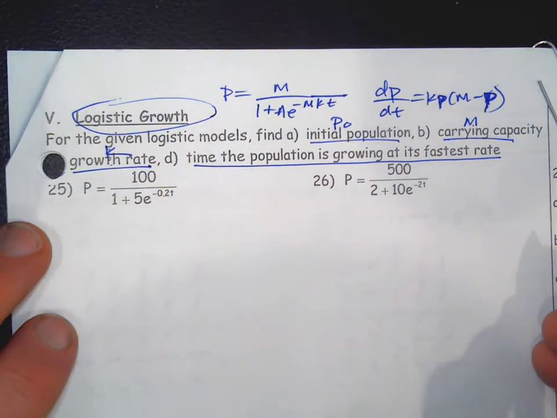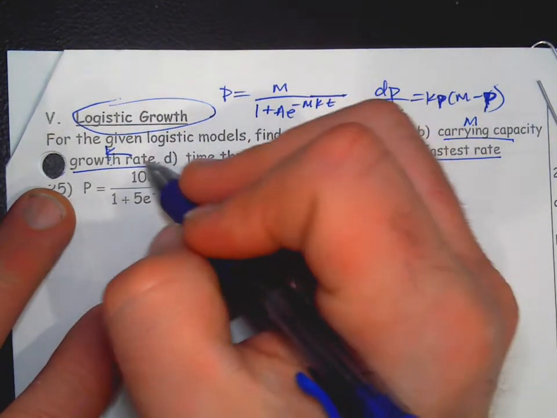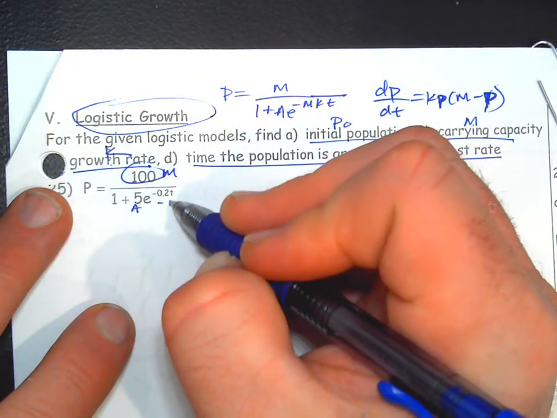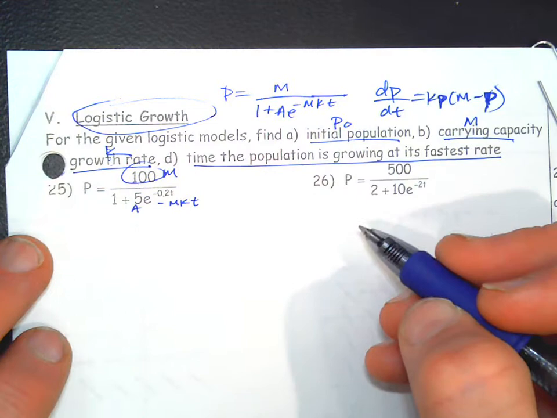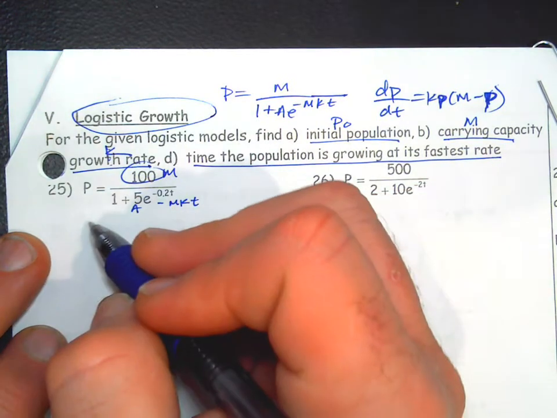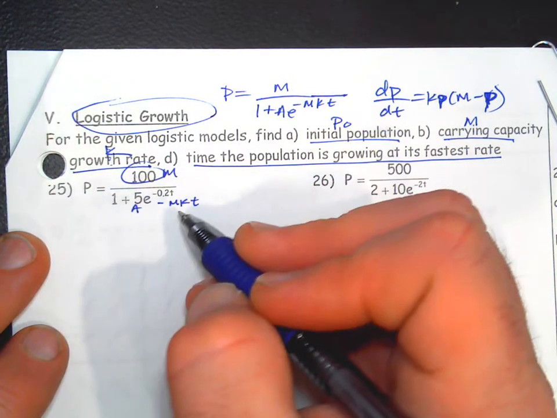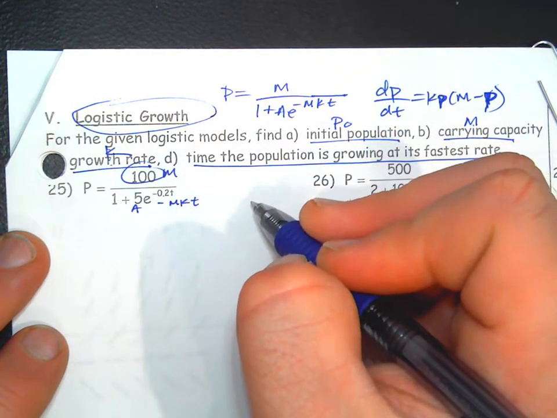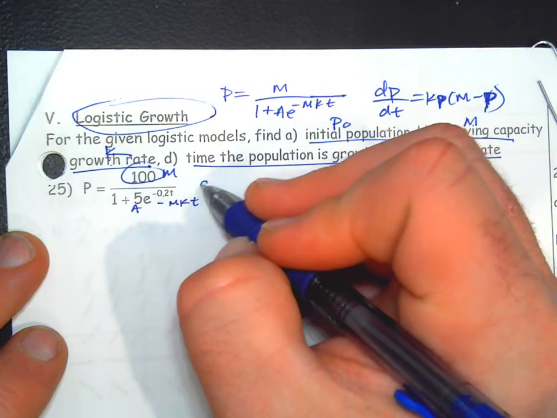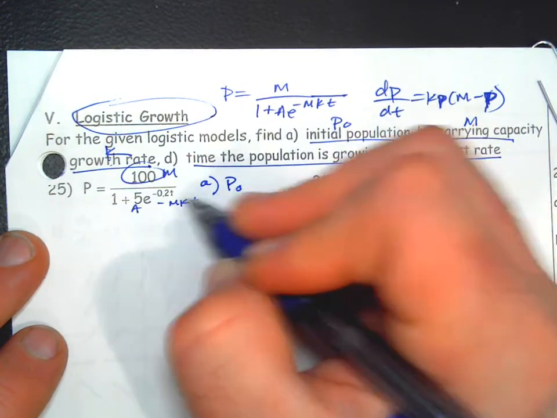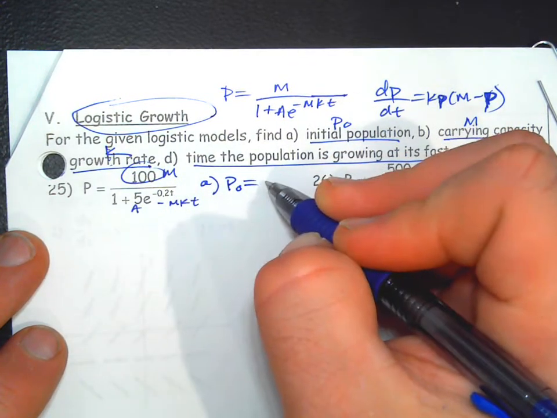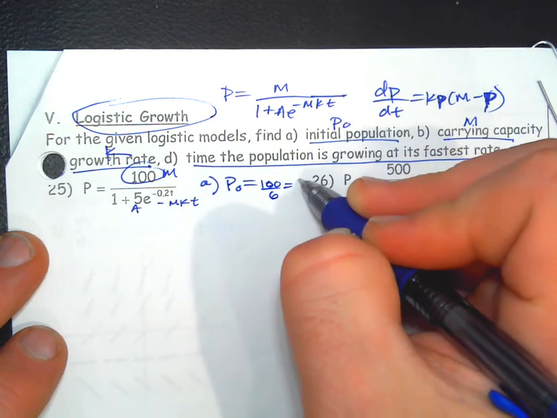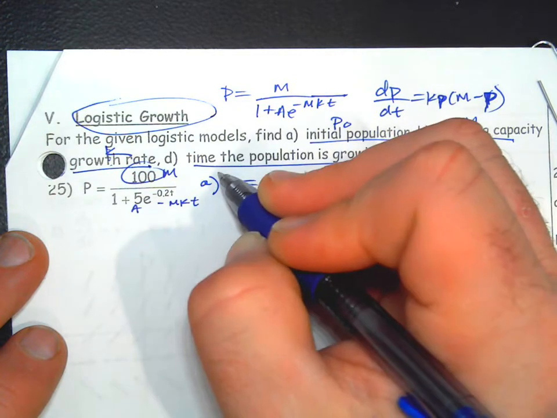All right, so we have M here. This is A, this is negative MKT. So I think we could find K next. The initial population, if you plug time 0 in here, you get 100 over 6, which is 50 thirds. That's your initial population.